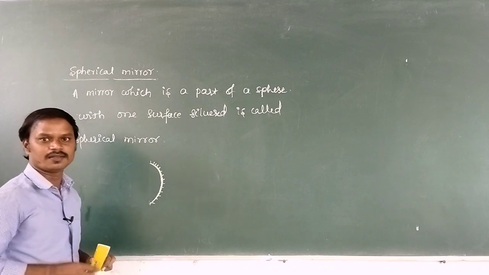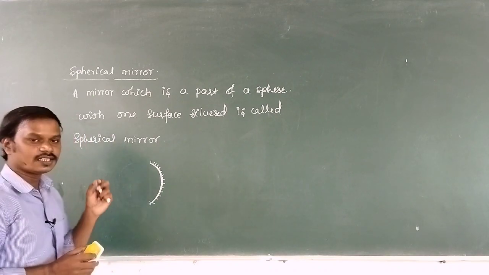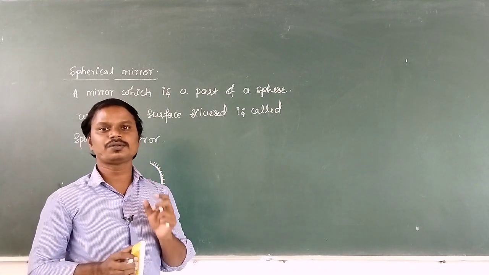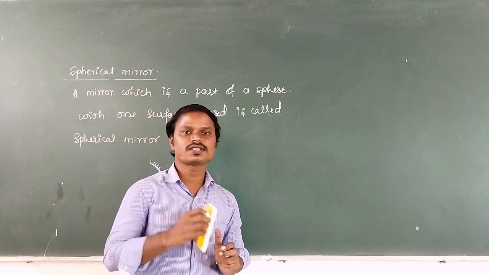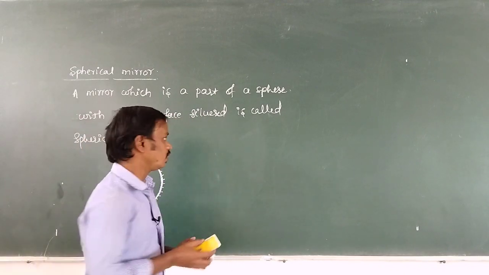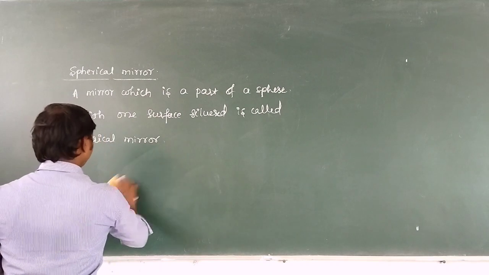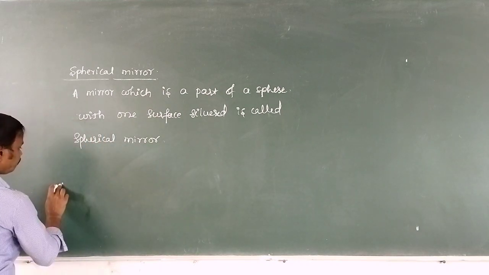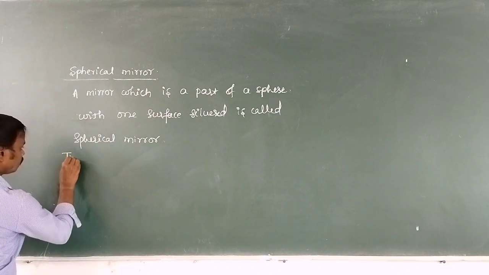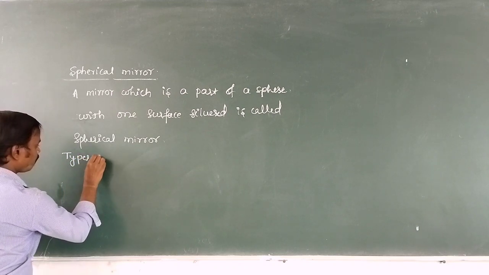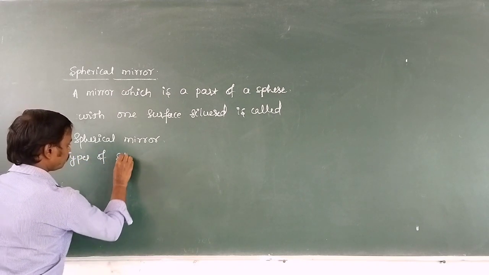It is called spherical mirror. And here the spherical mirrors can be classified into two types. What are those types? Concave mirror and convex mirror. Types of spherical mirrors.